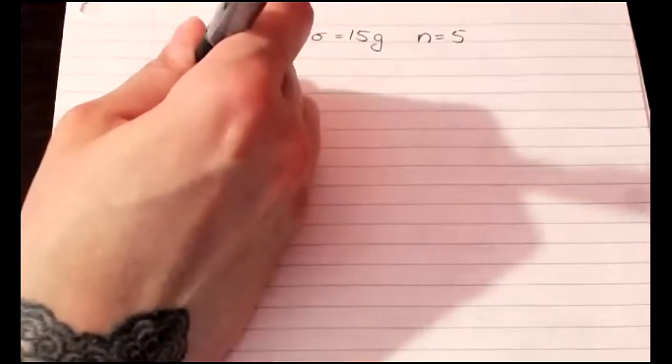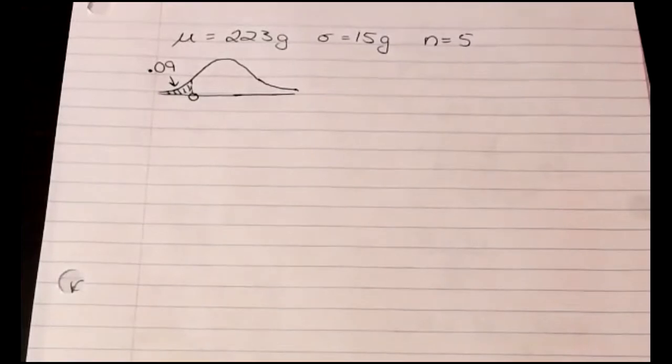So we want to find the z-score pertaining to an area to the left of 0.09. I'm going to look at the negative side of my standard normal distribution table, my z-score table, and look for 0.09. I think I found it.